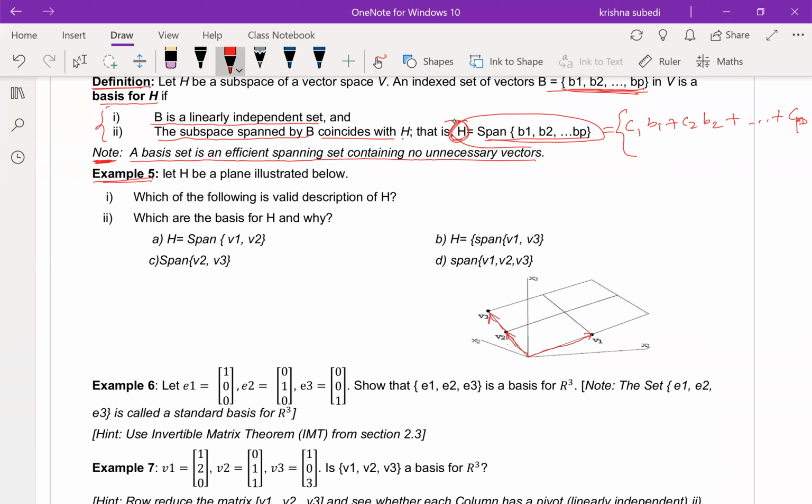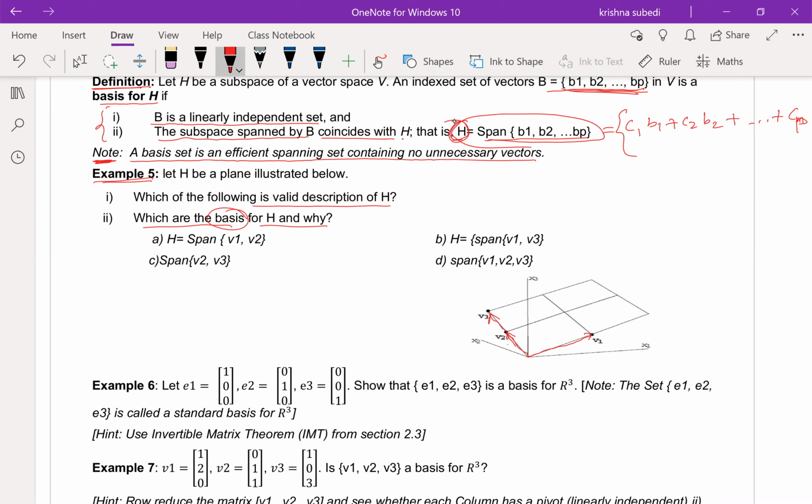Just keep that in mind, same direction. Which of the following is a valid description of H? Which are the basis for H and why?